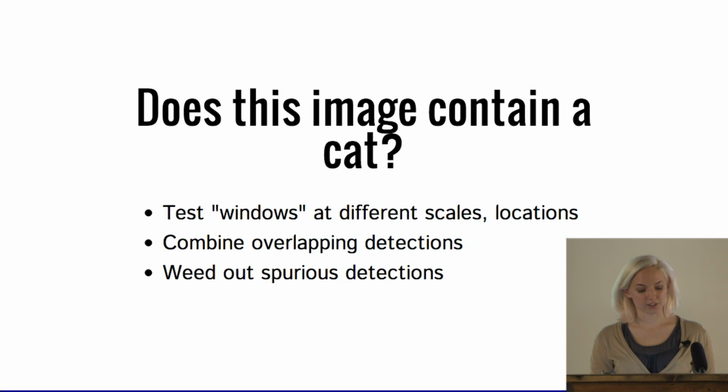After that, around cat heads, we'll have a bunch of overlapping detections, so we're going to combine all those. And in the process, we'll weed out any detections that don't have enough overlapping detections. They're probably false positives, so not really cats. And that's it. That will answer our original question.